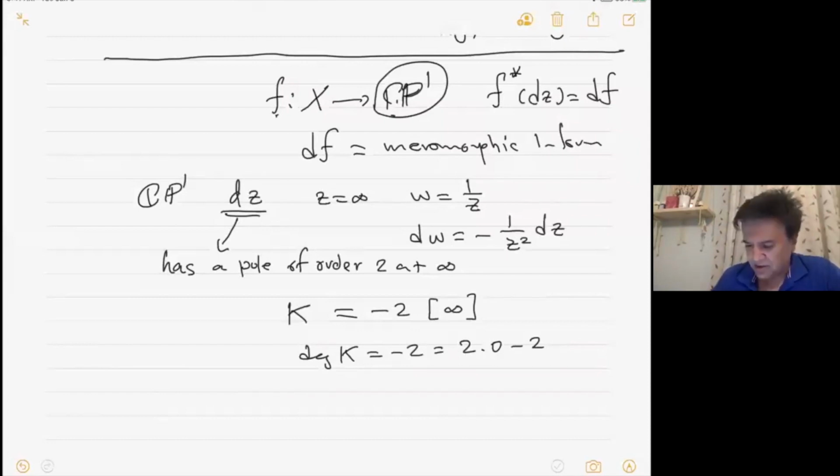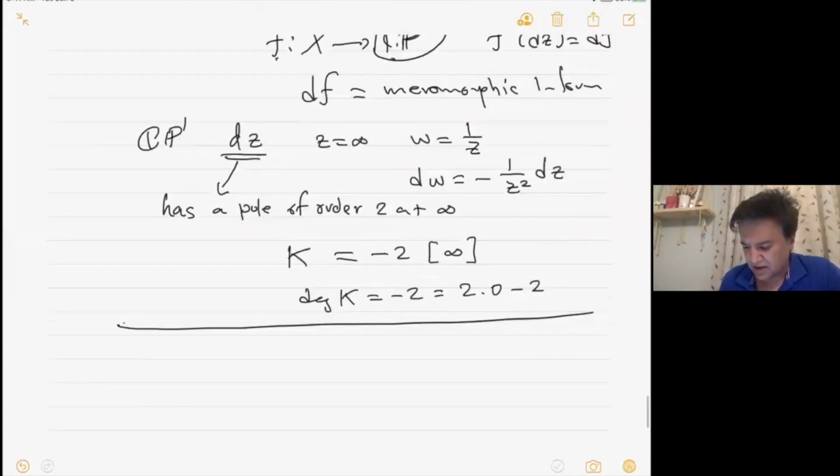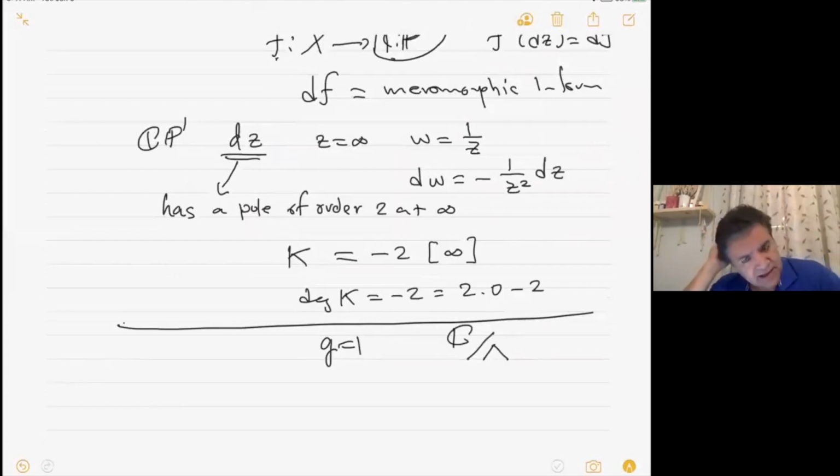Let me give you another example of such a canonical form, for example on genus 1. When genus is 1, the surface is C divided by a lattice. And then you can also define this dz here. And dz is well defined because even if z is not well defined, dz is, because the differences of z's are elements of the lattice, therefore the differential of it is.